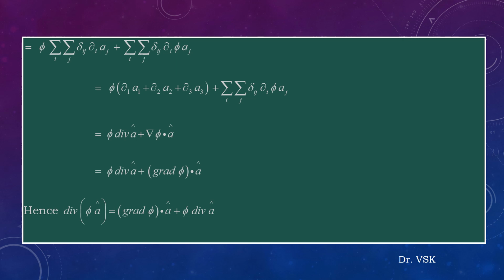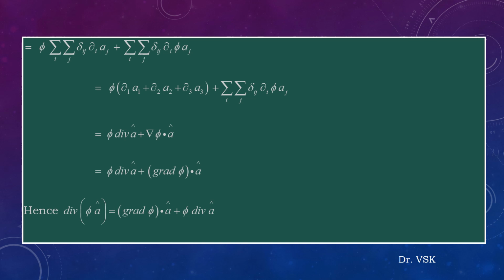All the remaining delta values are 0. After expanding the first summation, we get phi times dou 1 a1 plus dou 2 a2 plus dou 3 a3. All the remaining terms of the expansion become 0 because of the Kronecker delta definition.